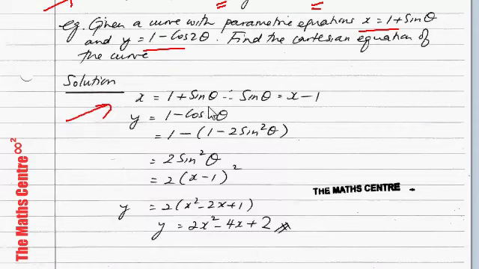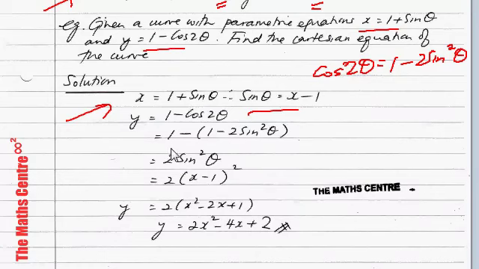x equals 1 plus sine theta, therefore sine theta equals x minus 1, that's easy. y equals 1 minus cos 2 theta, so you know that cos 2 theta equals 1 minus 2 sine squared theta. We know this from trigonometry. So cos 2 theta, I've replaced it with 1 minus 2 sine squared theta.